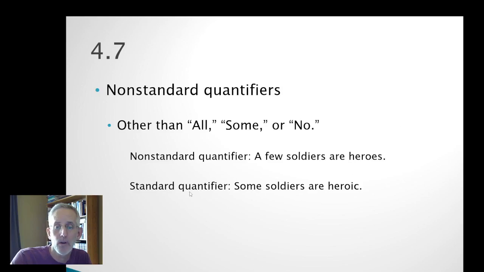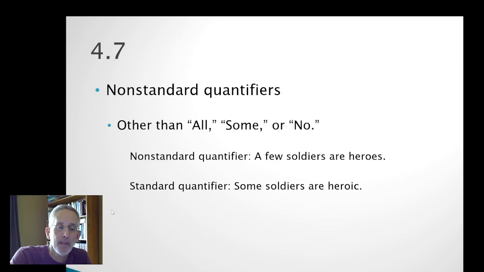So the standard quantifier form would be some soldiers are heroic. Heroic is one way to do it here, or you could say some soldiers are heroic things, or things that are heroic. Any of those noun phrases would be accurate translations.